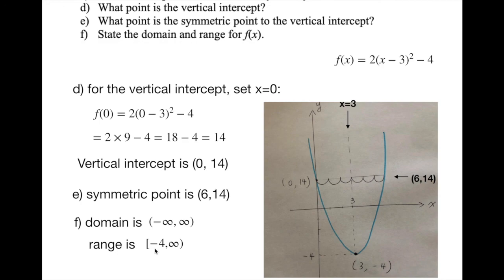Why is that? Because this -4 could be achieved at this vertex point. And all the other brackets, if you look at here, are round brackets, because infinity or -infinity are not some number, so it cannot actually be reached. So that's part F.